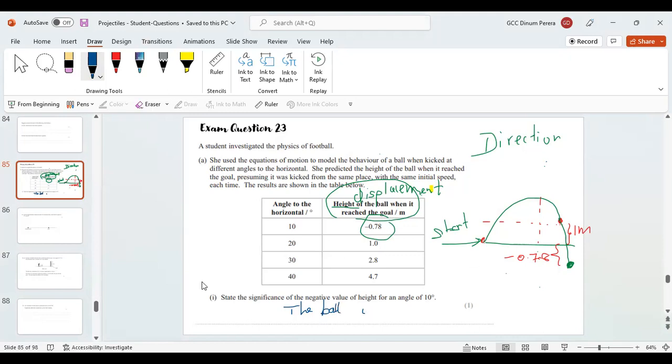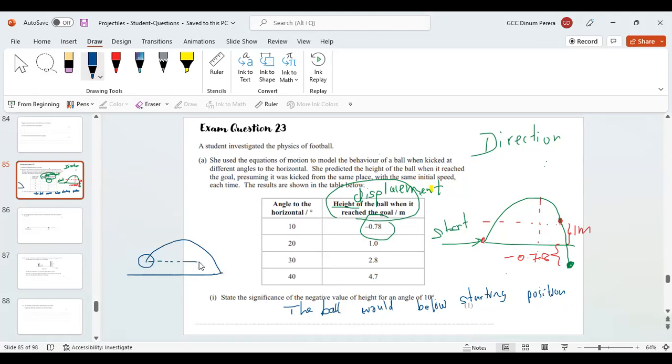So that would mean that it goes underground or something like that, right? No. That means it has started above the ground. The ball must have started above the ground. So you have kicked the ball from above the ground, and it has reached the ground.